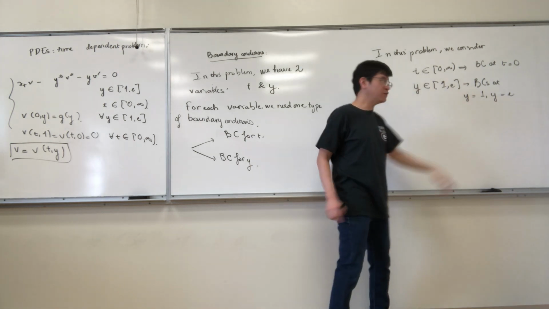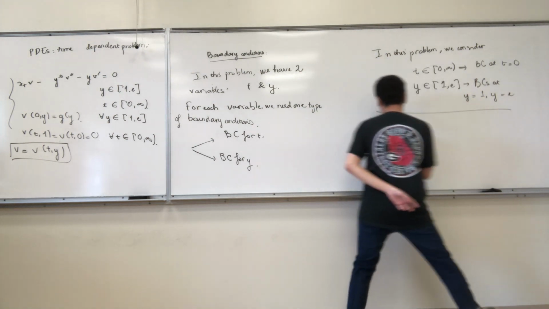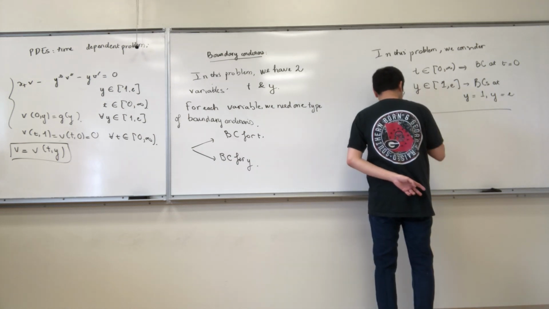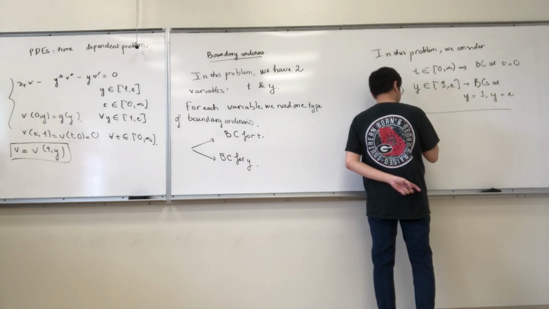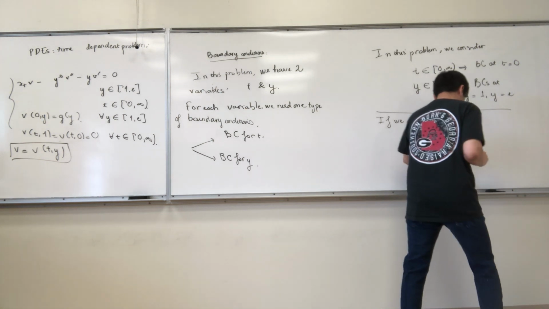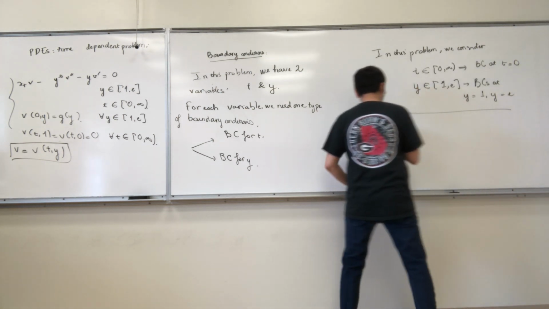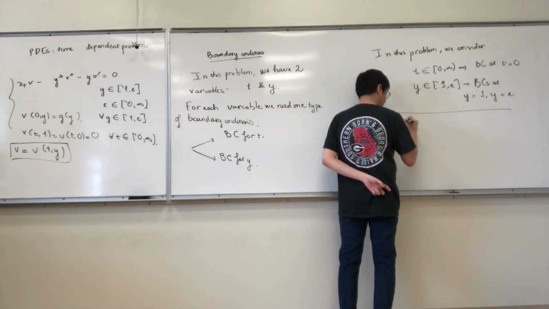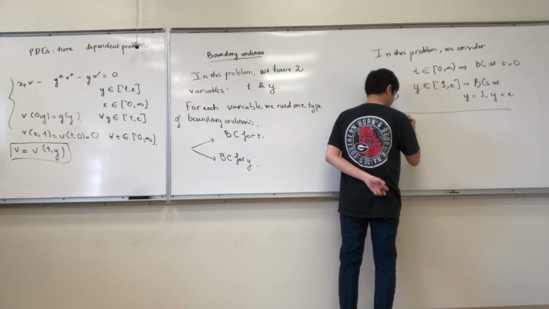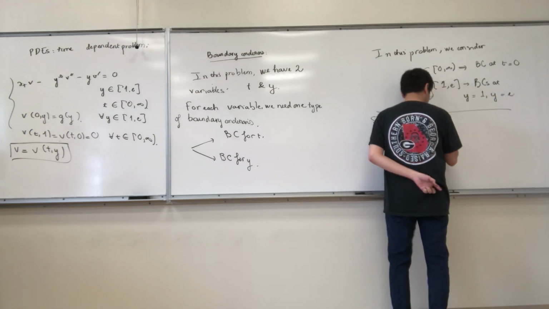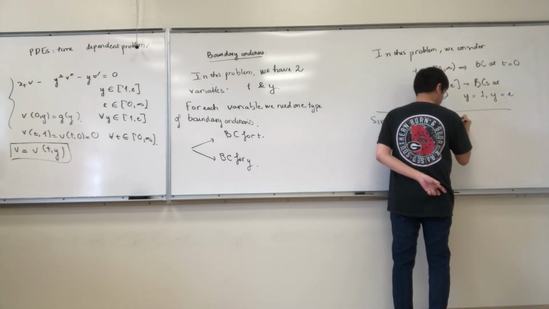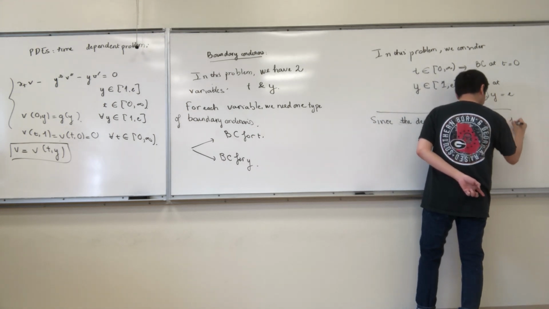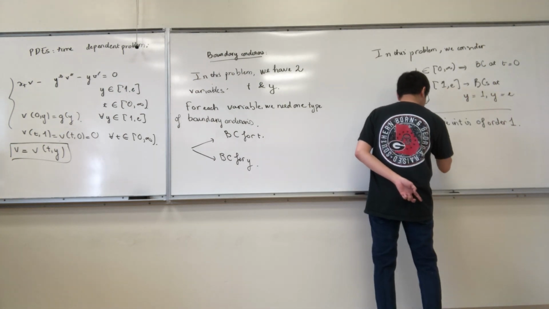Let me explain. Since the derivative in t is of order 1, so you have dt of v.